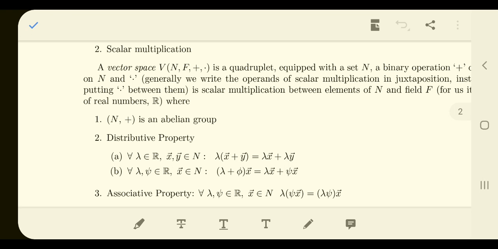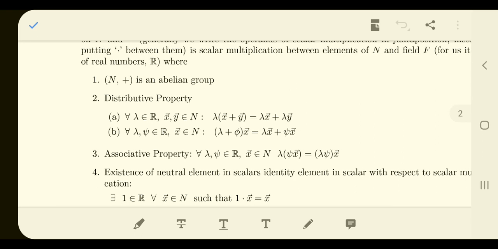Then there should be a distributive property, which involves mixed operations. A scalar times the sum of two vectors equals the scalar times the first vector plus the scalar times the other vector, which means scalar multiplication is distributive over vector addition.